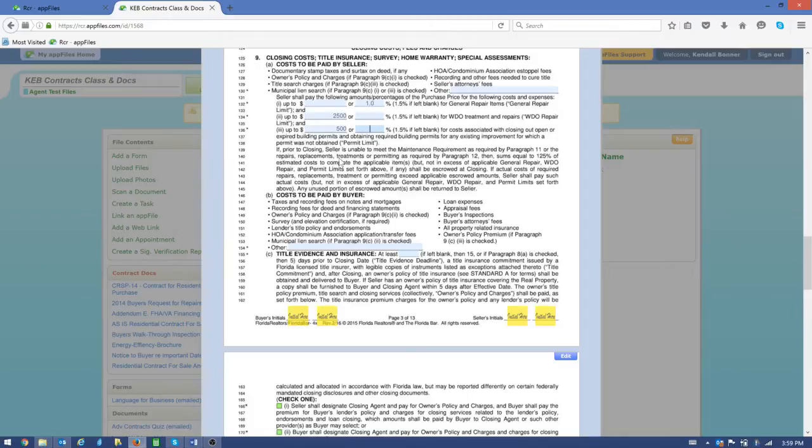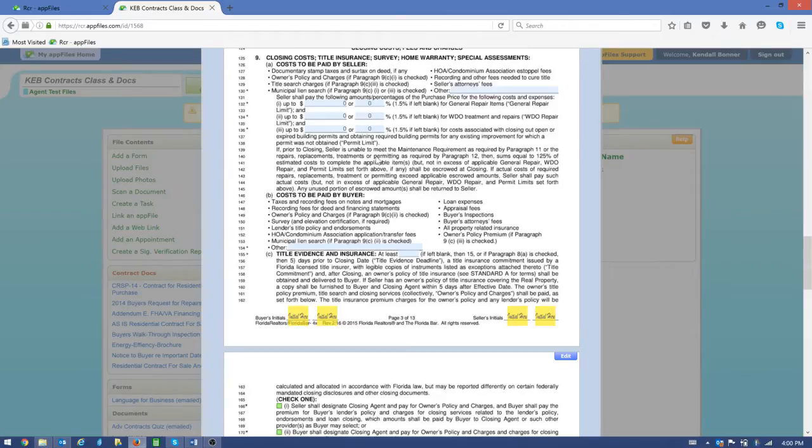Now, strategically, I often, even as a listing agent, would do 0. Now, let me tell you how 0 works, because 0 can work awesomely if you, again, understand this contract. So let's say you put all your repair limits at 0, because you're going to say, hey, seller, we don't want to necessarily ask you to make any repairs.